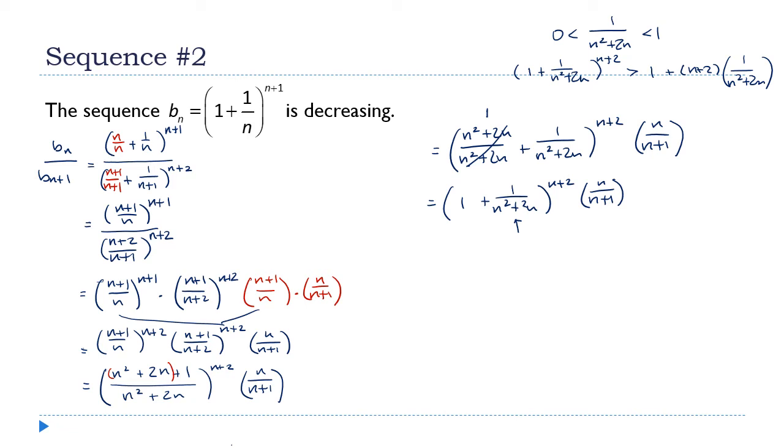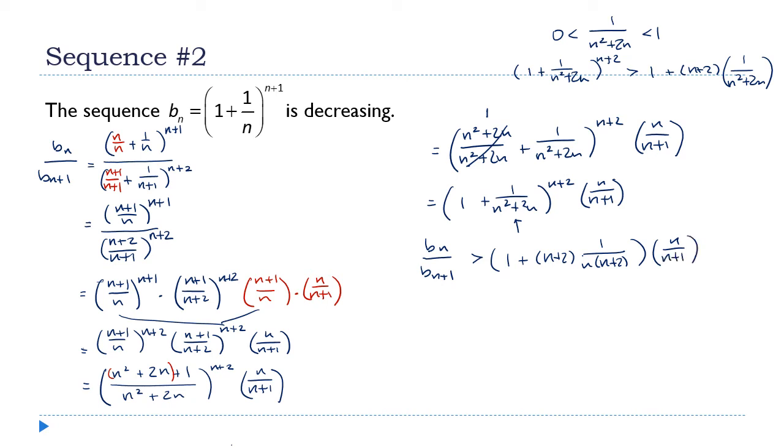Okay, so I'm going to make that substitution now. This means bn over bn plus 1 is greater than, let's see, what's it greater than? 1 plus (n plus 2) times 1 over, I'm going to factor that thing, that's n times (n plus 2), times still n over (n plus 1).